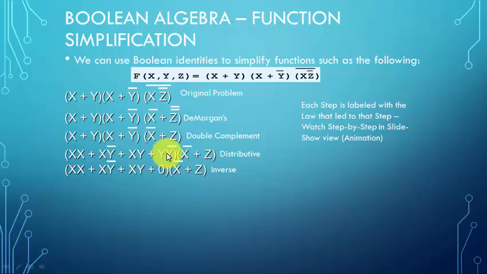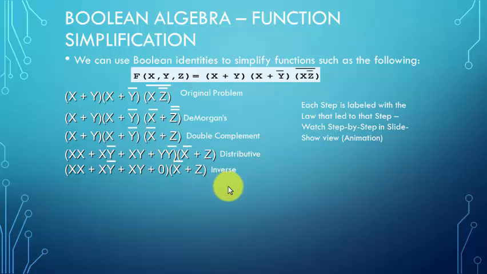Y and Y not is always equal to 0. That makes sense because think about if Y is 1, then Y not is 0. If you have a 0 in an AND logic, you must get a 0. Or if Y is 0, then Y not must be 1. So same thing.